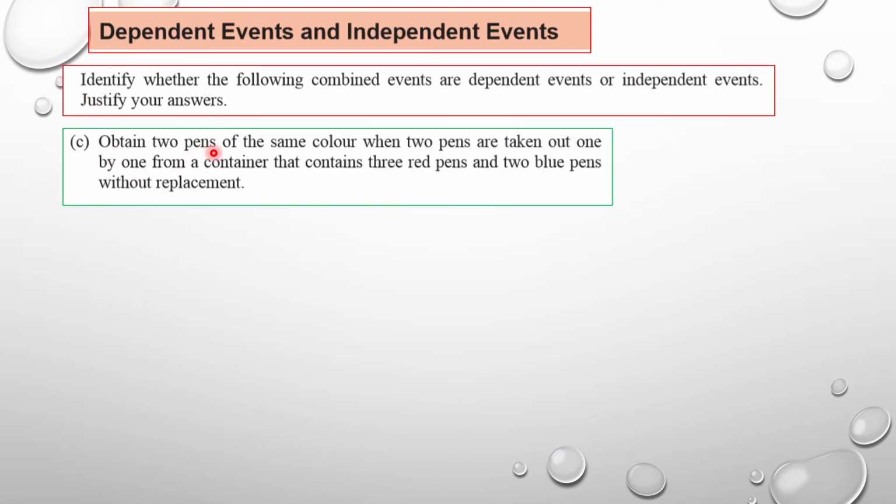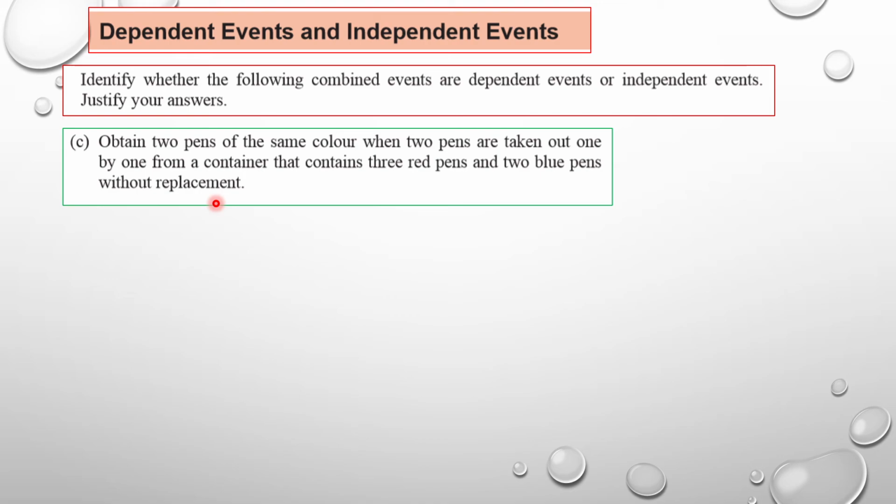Obtain 2 pens of the same color when 2 pens are taken out one by one from a container that contains 3 red pens and 2 blue pens without replacement. Okay, we are not going to replace the pen which has already been taken from the first pick. So here we want to obtain 2 pens of the same color.